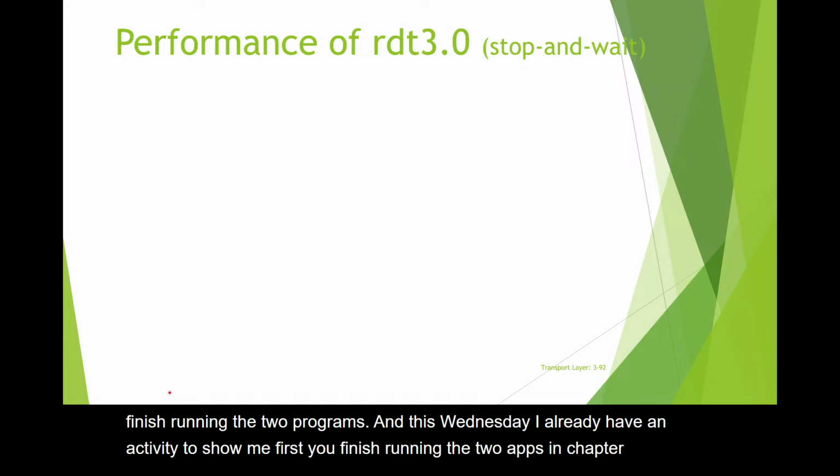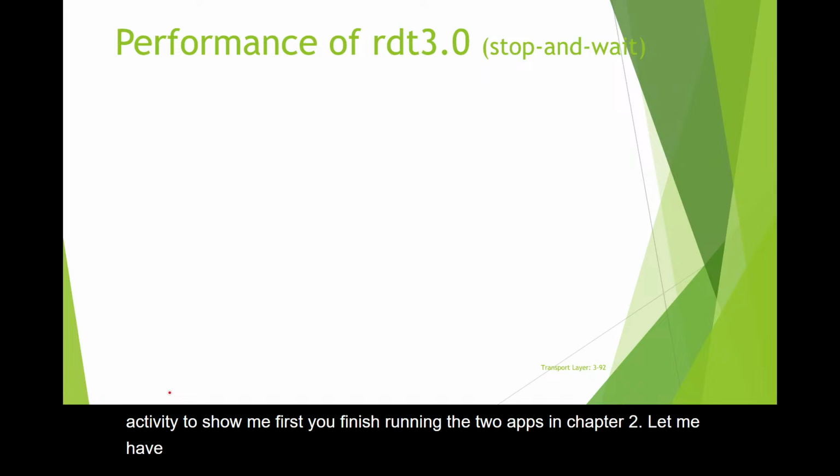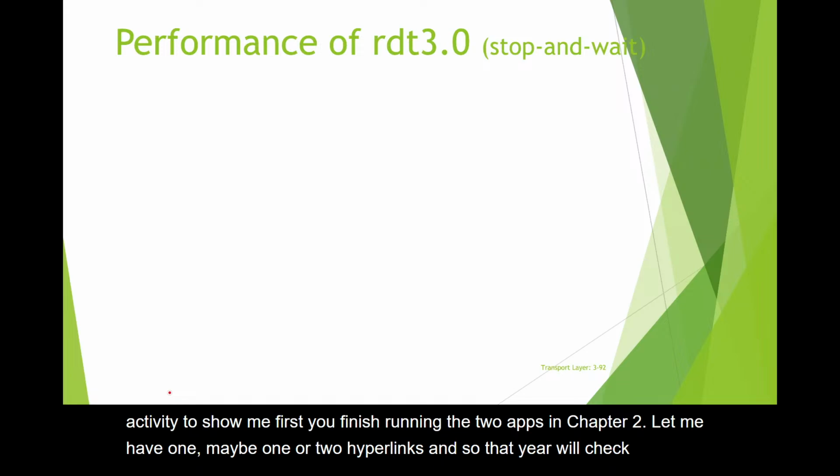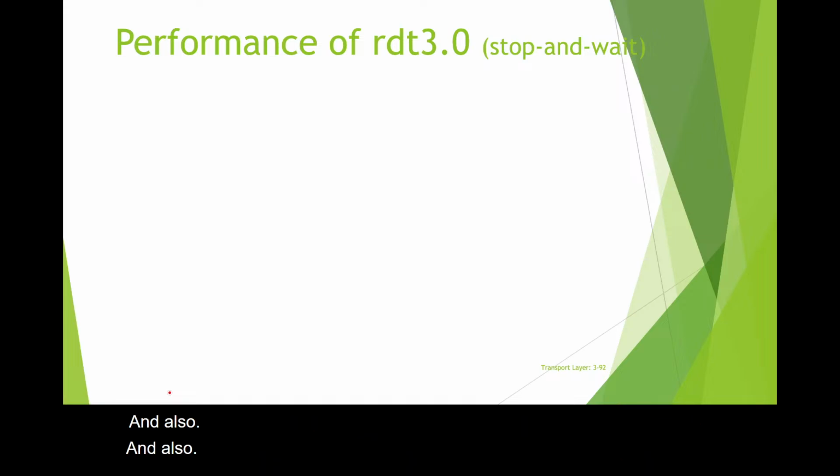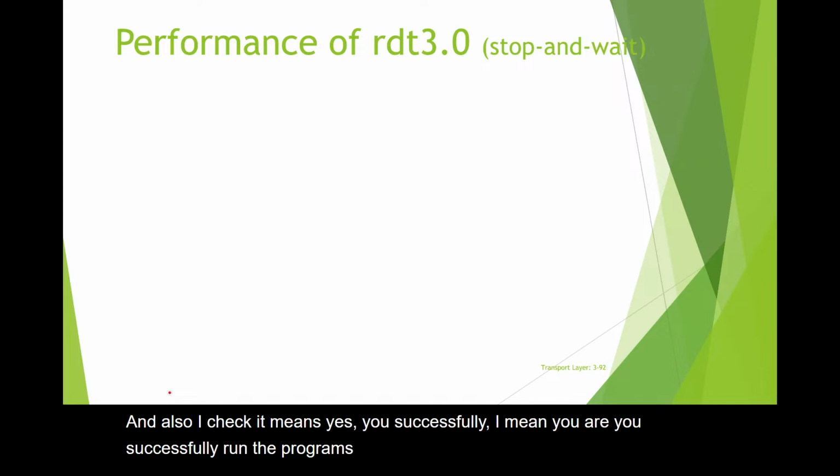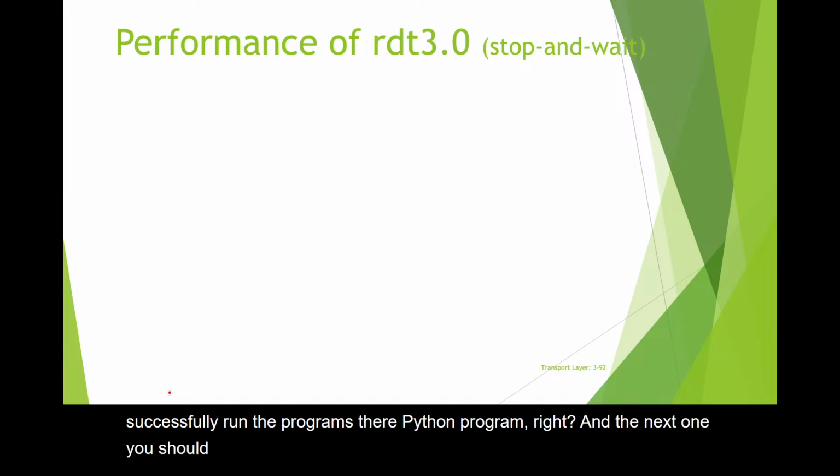Give me 1 or 2 hyperlinks, and the TA will check them. Checking means you successfully ran the Python programs. And next, you should find your team members for the final project. This Wednesday, I will already have an activity like that.